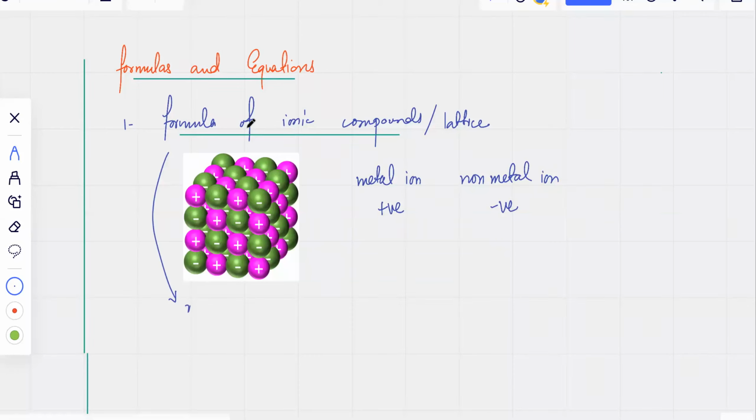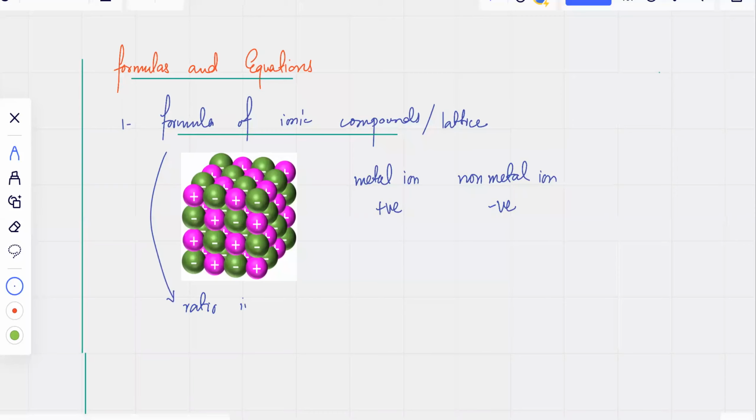The formula gives you the ratio in which the ions are going to be present. So it doesn't tell you the actual number of ions in the lattice because it's a giant structure. There could be millions and billions of ions in the lattice. So it just gives you the ratio in which ions are present.